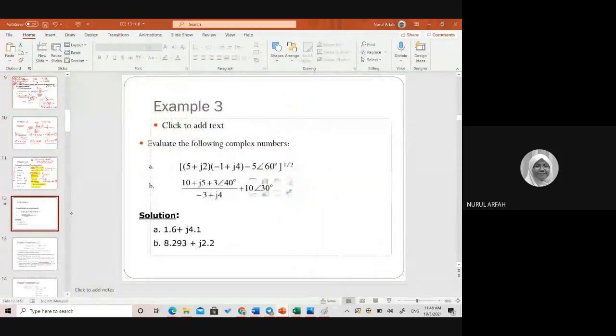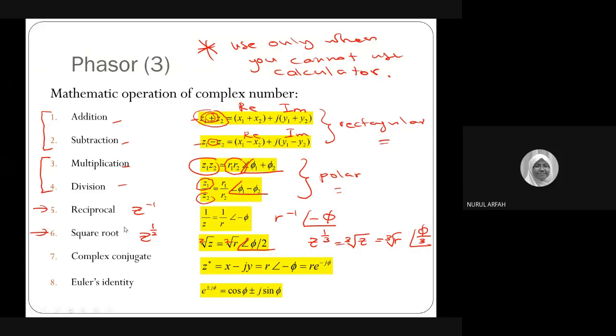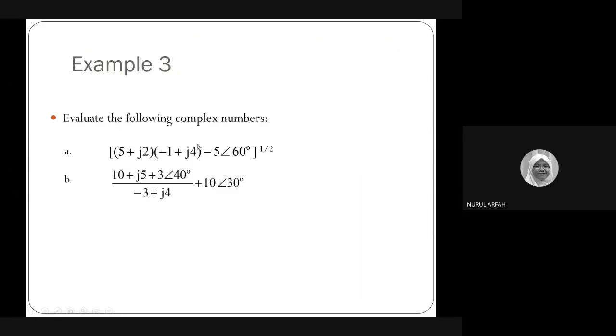Okay. Did you try this or not? Madam, how do you put the square root part? Oh, the square root part. This is the one I explained to you from here, right? The one I mentioned, I asked you guys to use the calculator first.